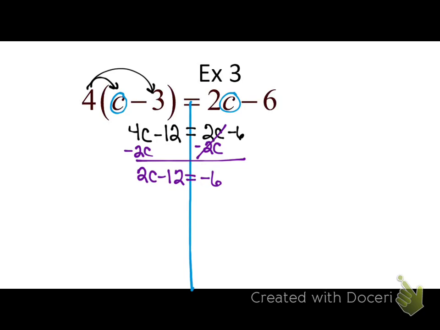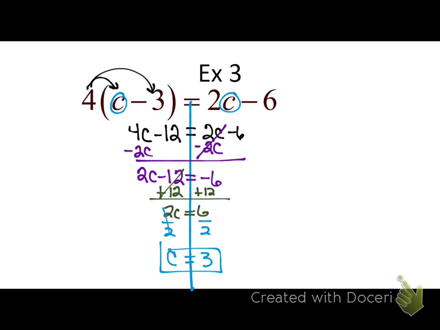What do I have up here, Josh, that I can undo? Negative 12. Add 12 on both sides. Good. And then we'll get 2c equals 6. Might as well finish it off, divide by 2 on both sides, and you get c equals 3. Y'all agree? Yes.